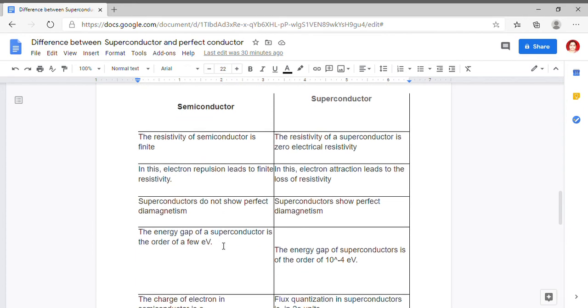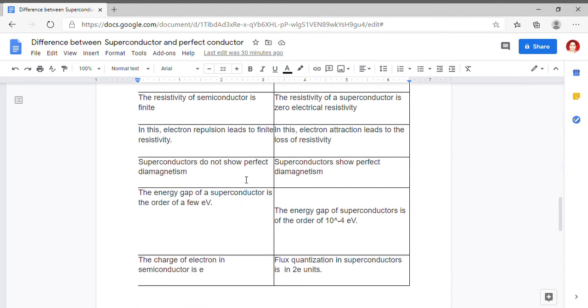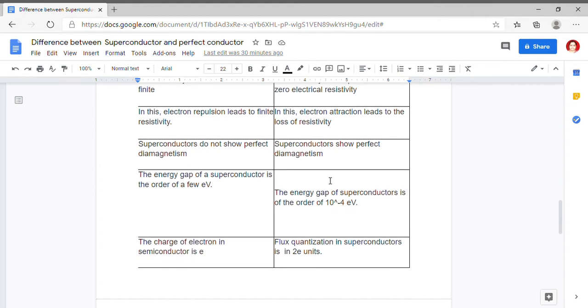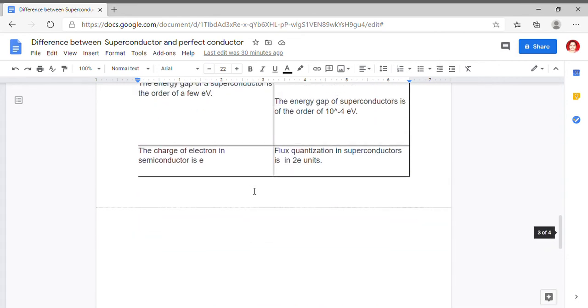The third difference is on the basis of magnetization. Semiconductors do not show perfect diamagnetism, whereas superconductors show perfect diamagnetism. Another difference between these two materials is on the basis of energy gap. In semiconductors, the energy gap between valence band and conduction band is of the order of few electron volts.